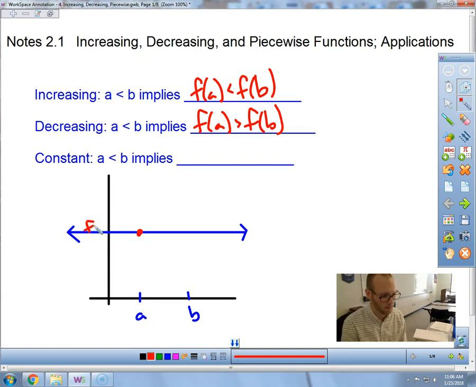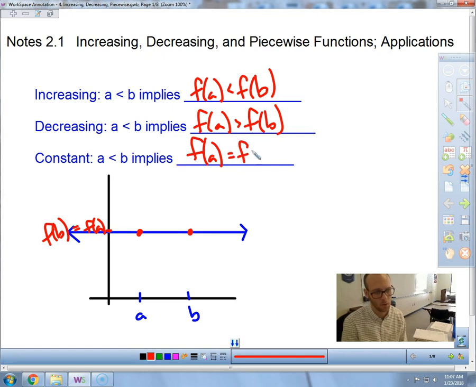There's f of a, and right here is f of b, and what's true? They're equal, aren't they? If we have a constant function, f of a equals f of b. So again, I think the concept of increasing, decreasing, and constant is something that you already understand, but this is how we write it. This is how we use function notation. This is why saying things like f of a and f of b is helpful instead of just saying y.